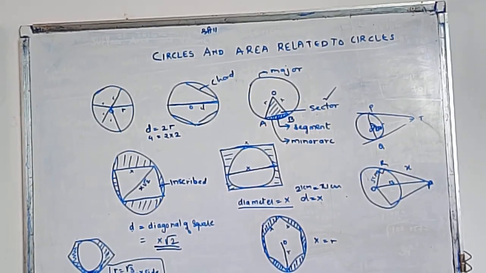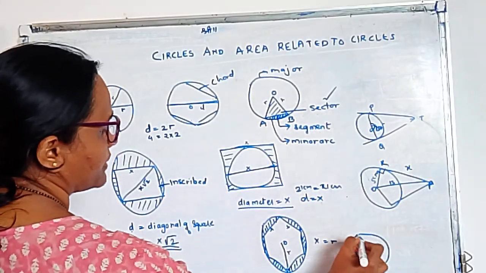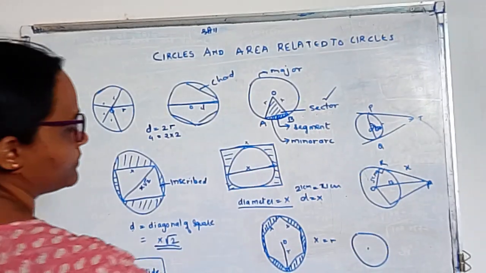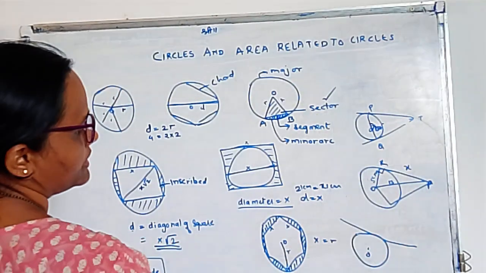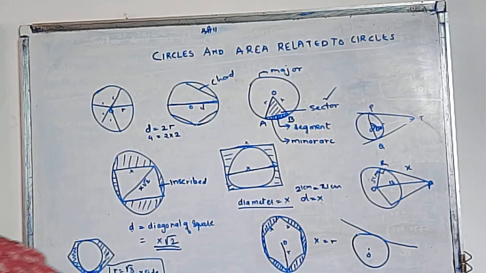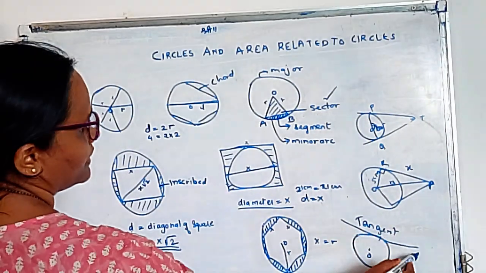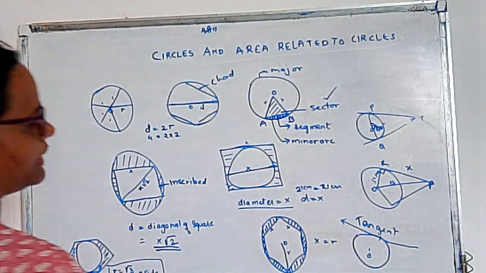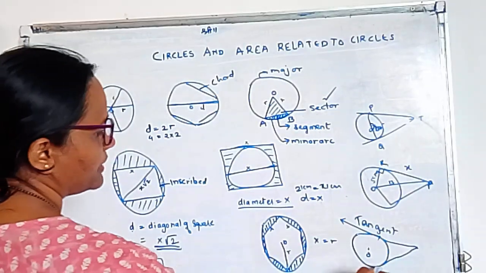Then we have two more concepts called secant and tangent. This is the center O. If a line coming from outside touches the circle at a single point, it is called tangent. It can be any way, this side.